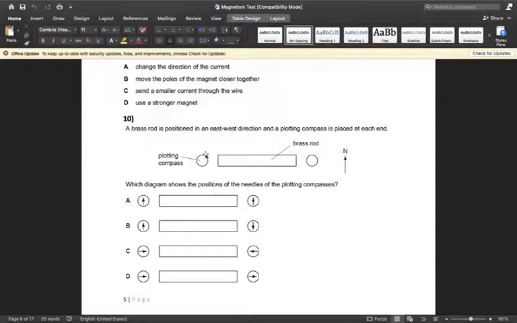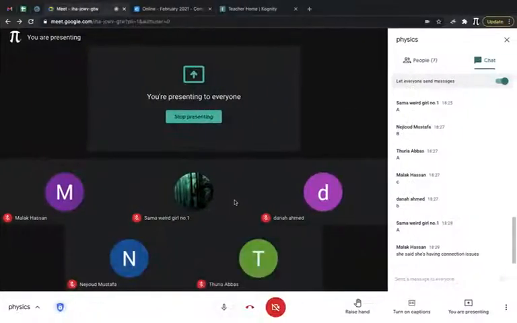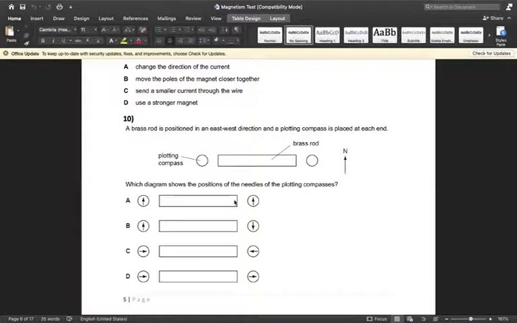The compasses would point in their natural direction, which is towards the north. So this is why the answer is A. Got it? So Sama, correct. Thuraya, correct. The answer is A, and I hope that you understood why the correct answer is A. Cool?